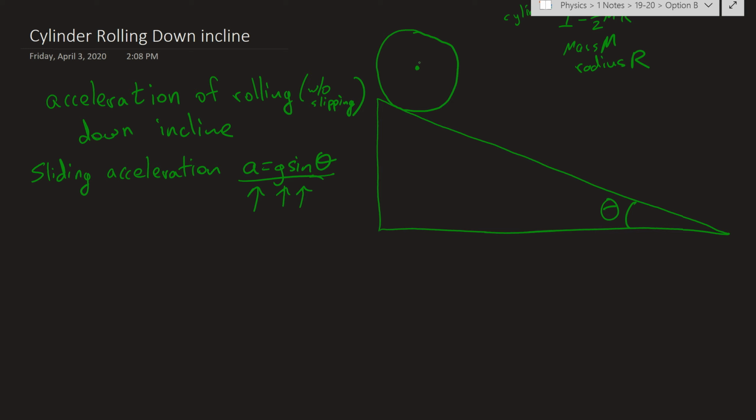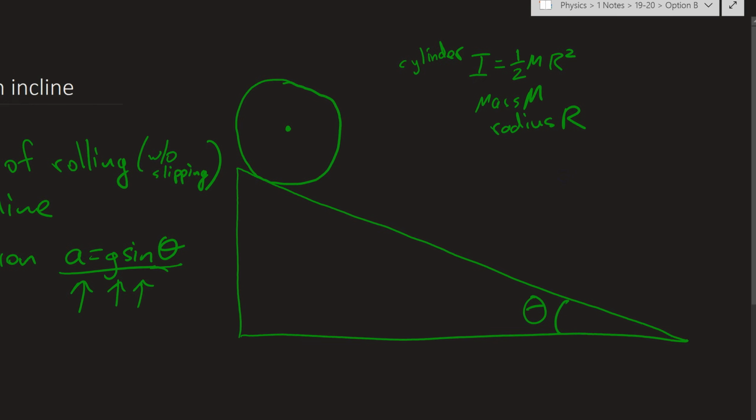If it is going to roll without slipping, that's actually impossible in this situation unless there is friction. Because if there were no friction, the forces on this object would just be gravity and the normal force. The normal force acts at this point upwards, and if you extend that line of action of the reaction force, I shouldn't call it R because that's the radius, I'll call it FR, that goes through the axis of rotation.